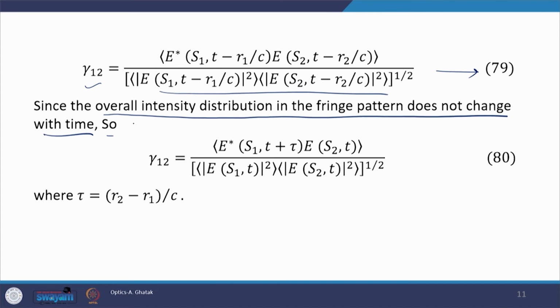Instead of writing this complex time, we will just take into account the time difference. We subtract the two times and get a time difference tau, and therefore the equation of gamma 12 gets modified in expression 80, where tau is the difference in time.